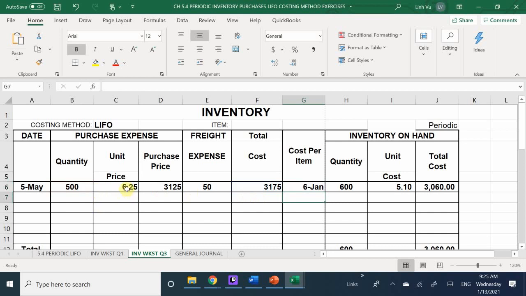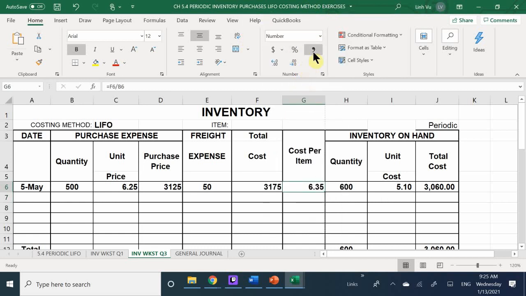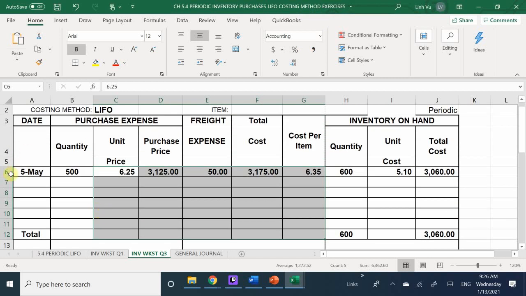I have to fix this cell because I accidentally did something here. So let me make it number, and there we go. Let me format my entire worksheet again as well while I'm at it. Okay, so there you go.